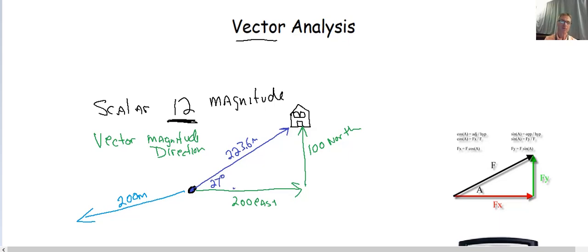So north of east would look something like that. The vector is north of an easterly direction. It's just a terminology that gets used. So a straight line vector would simply be this vector right here.